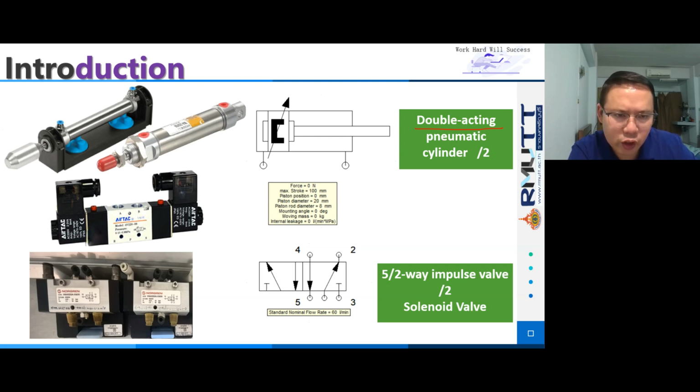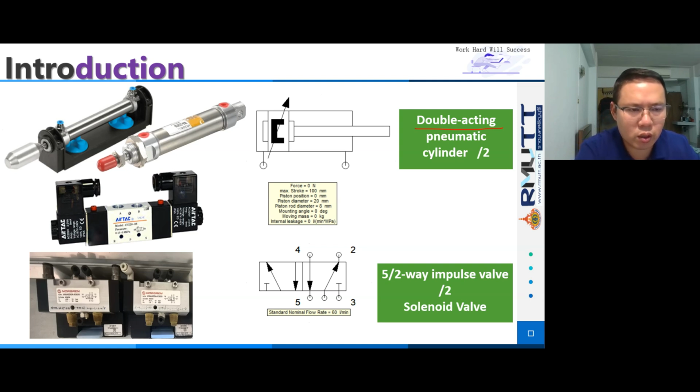The double action cylinder is a cylinder that uses a working fluid to alternately apply force to both sides of the piston. This allows the cylinder to extend and retract in a push-pull motion.